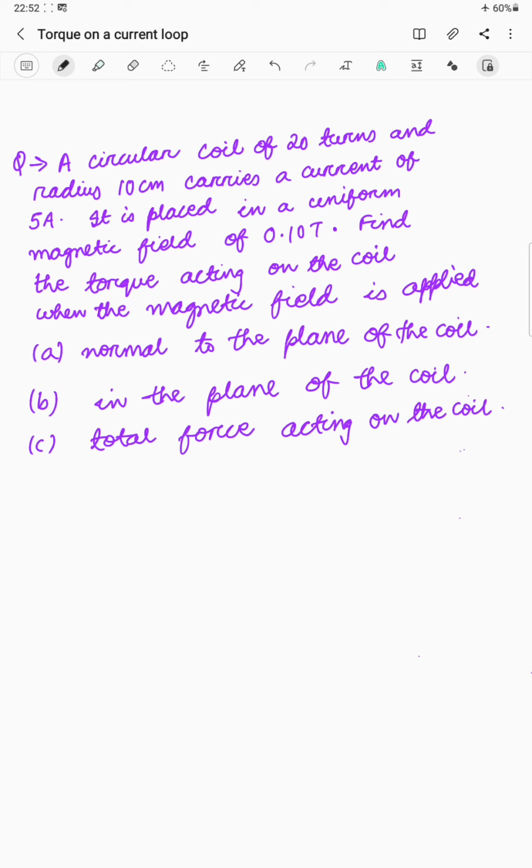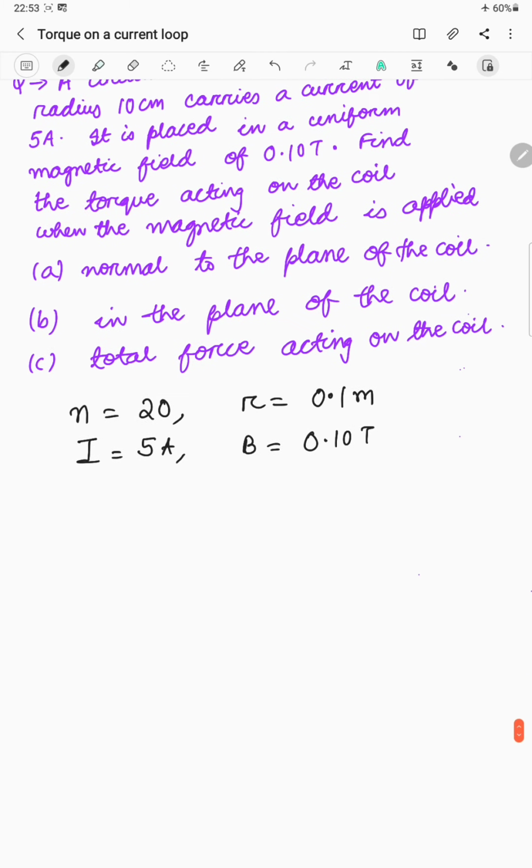So here your n value, the number of turns, is given as 20. The radius is given as 10 centimeter, which means 0.1 meter. The current is given as 5 ampere, and the magnetic field is 0.10 Tesla. Then we have to calculate the area.